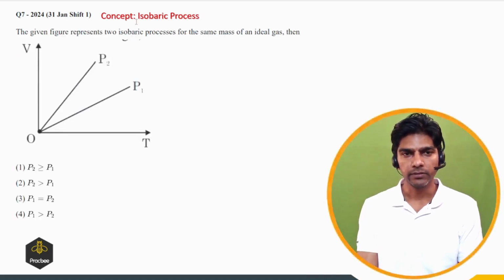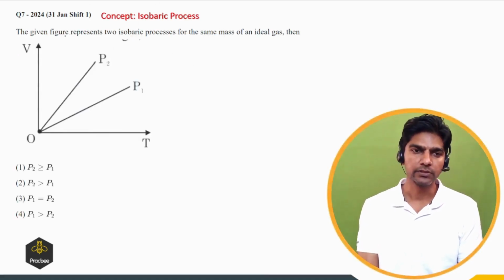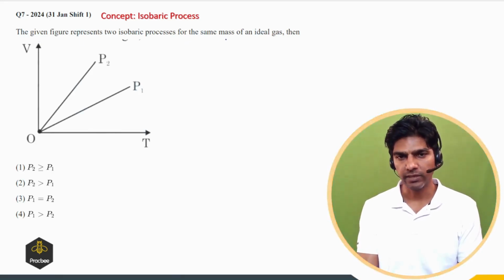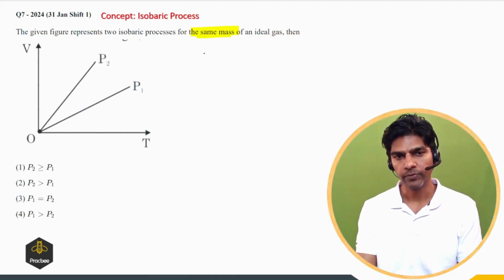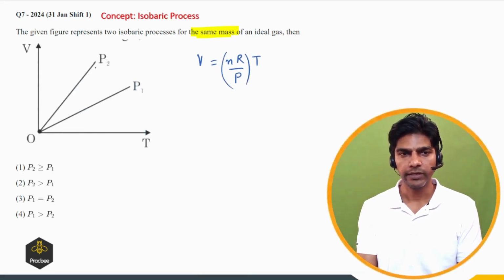Now let us see this question based on the isobaric process. The given figure represents two isobaric processes for the same mass. So mass is the same, there is no change in the mass. And we are given that volume is proportional to temperature, so it means pressure is constant. So we can say V equals nR by P times T, right?